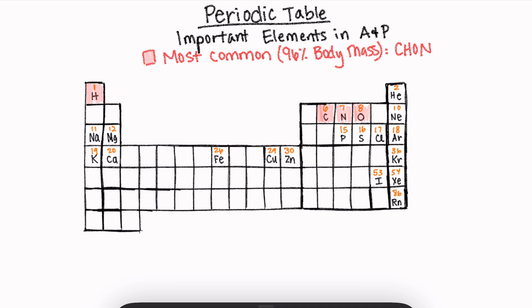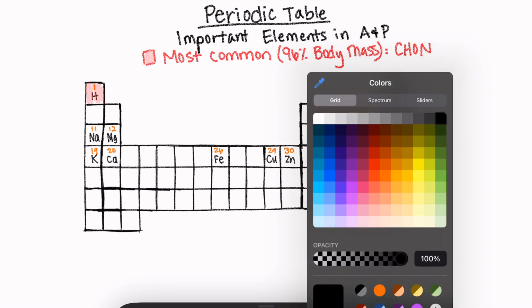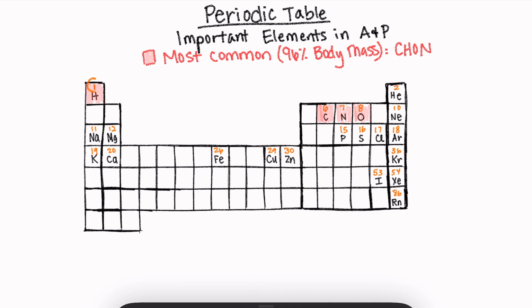The numbers that you see above them, so for example, you see a 1 right here, a 6, a 7, and an 8. That tells you the atomic number, which is the same as how many protons that particular element has in its atoms.